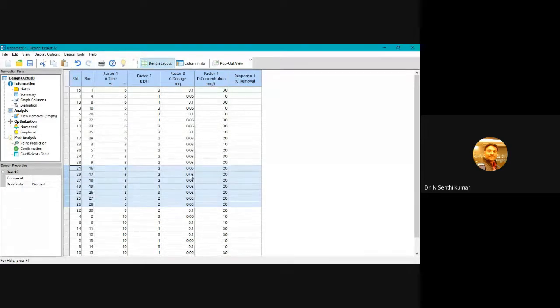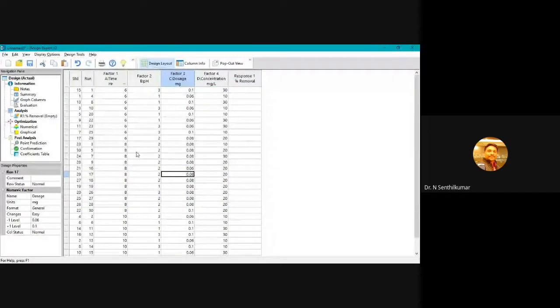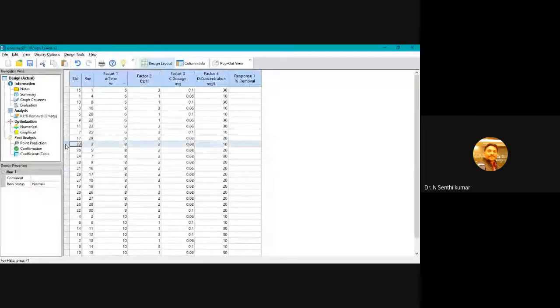How many times? For example, I will tell. This is 1, this is 2, this is 3, 4, 5, 6. So 6 times the same experiment is being repeated.